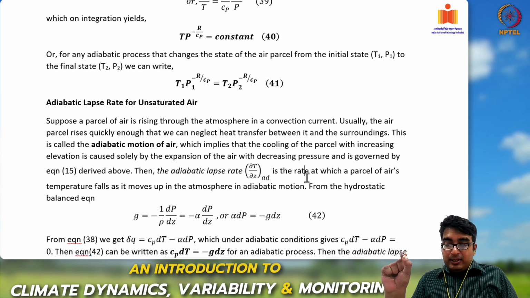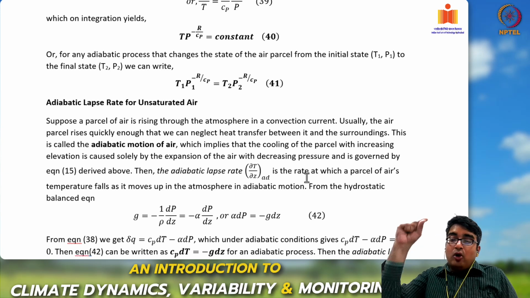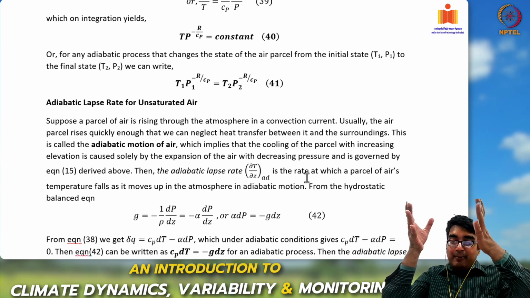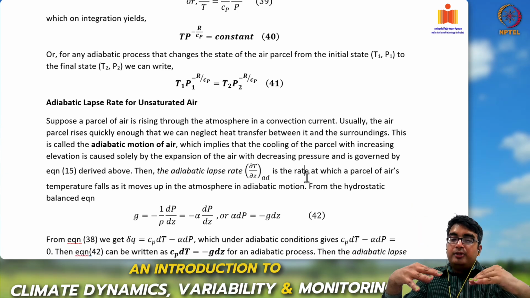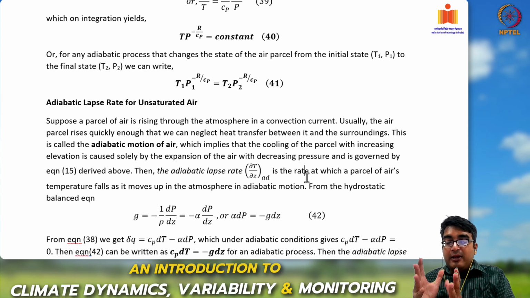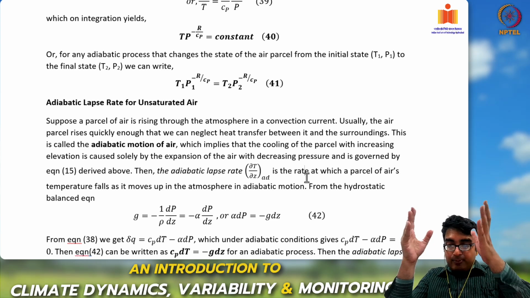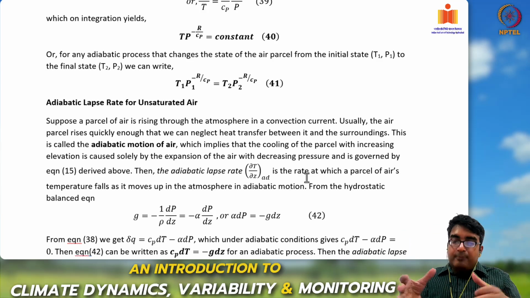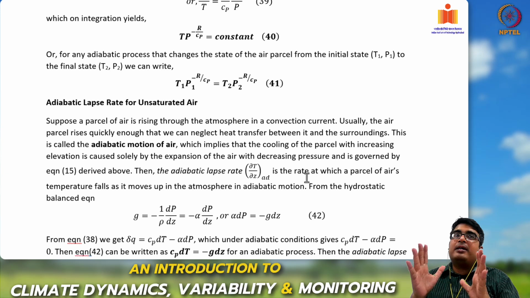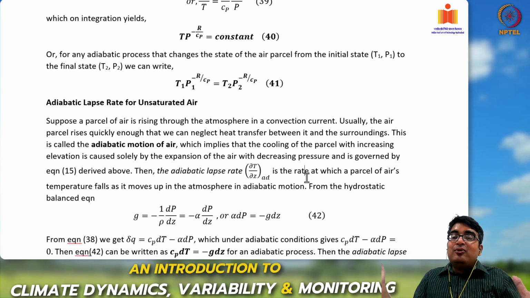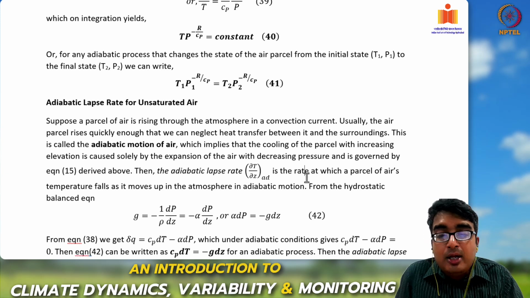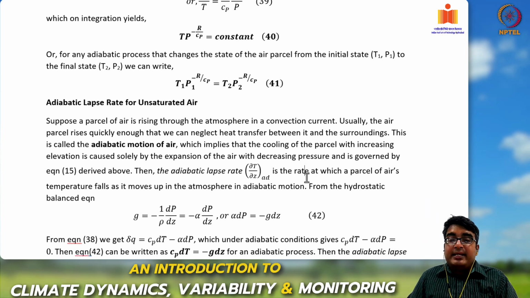This basically tells you the rate of change of temperature of this air parcel with altitude as it rises adiabatically from a lower altitude to a higher altitude or vice versa. So basically the rate of change of temperature of this rising air parcel, or conversely a falling air parcel, with altitude under an adiabatic condition. That is, this parcel is not exchanging any heat with the surrounding air, which is assumed to be stationary. This definition is called the adiabatic lapse rate.